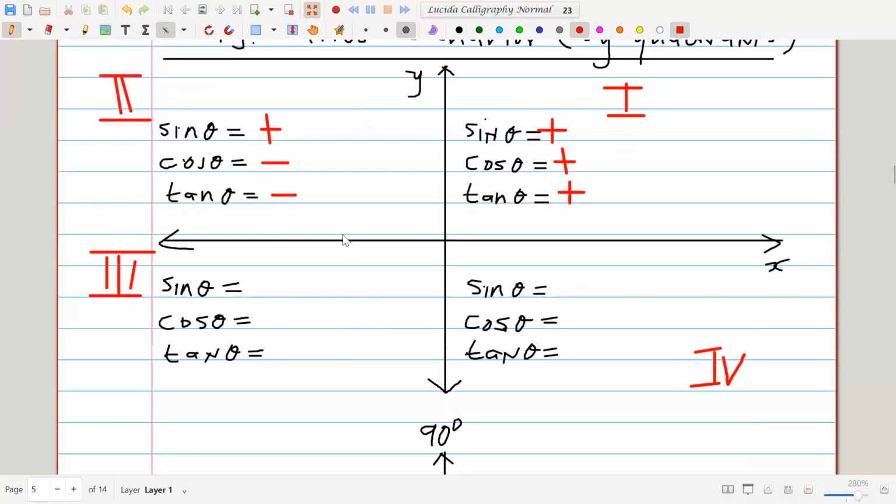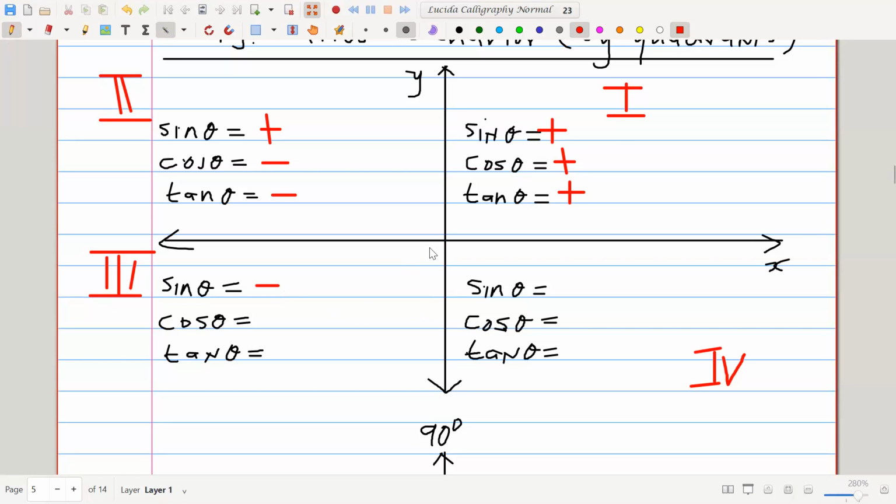Then moving to the third quadrant, to apply the same technique, think about definitions, you realize that here we'll end up with a negative sign. So sine theta there will be negative because sine is defined as opposite over hypotenuse, and y here is negative.